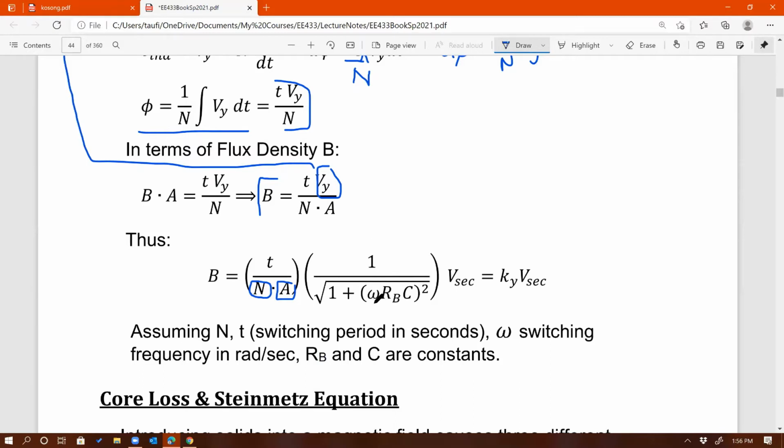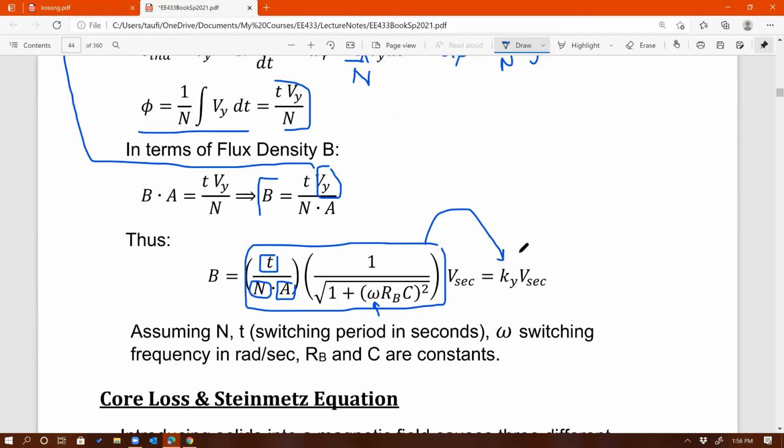So therefore 2 pi f is fixed, and T is our period, also fixed. RB is also a fixed resistor, and C is also fixed. So we have a lot of constants: T, N, A, omega, RB, and C. These are all just constants. I'm just going to lump them into one single constant called Ky right there.